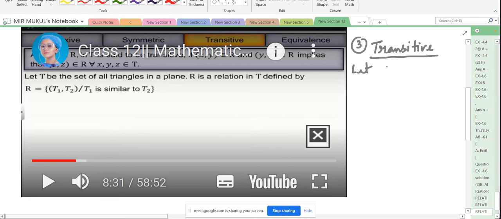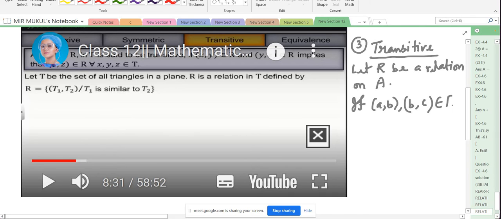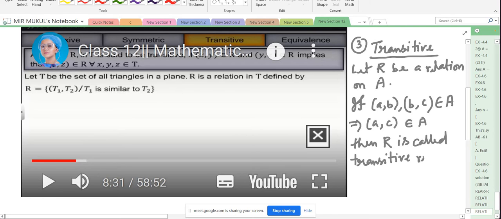Let R be a relation on set A. Here also, if (a, b) and (b, c) belong to R, then (a, c) should also belong to R. Then R is called a transitive relation.